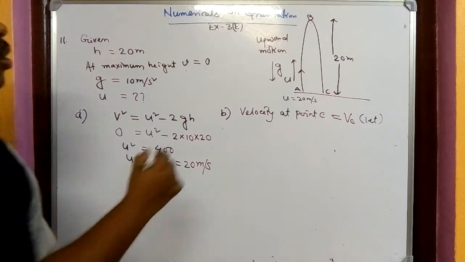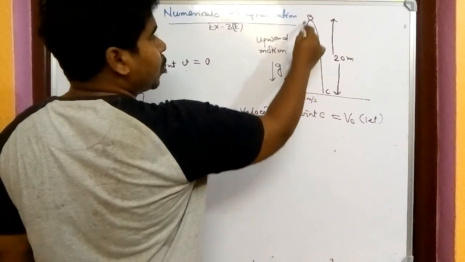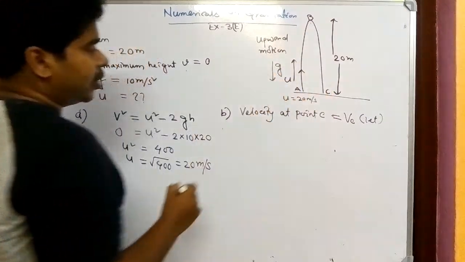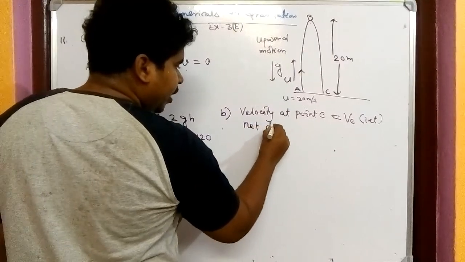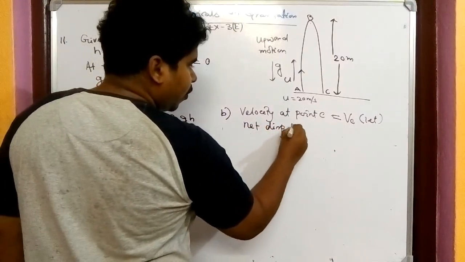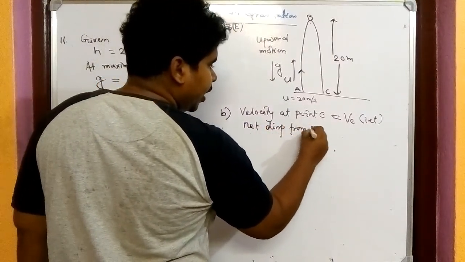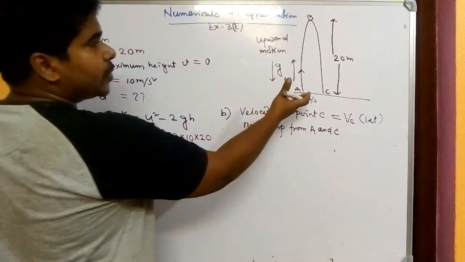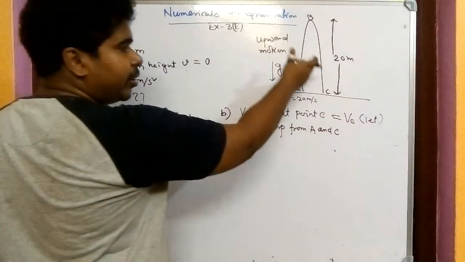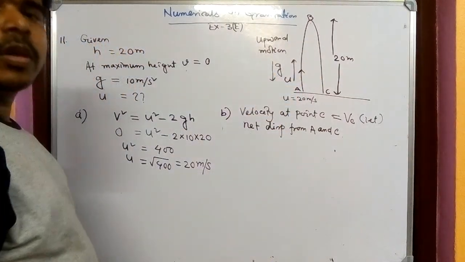Now assume whenever a body is thrown and it is coming downward, what will be the net displacement? Net displacement from A to C. You have thrown from the ground and it will again reach the ground.